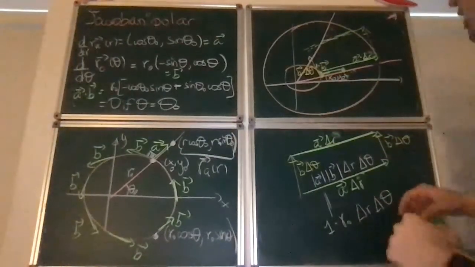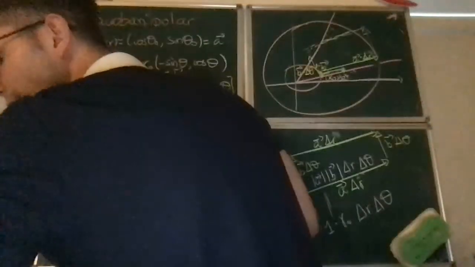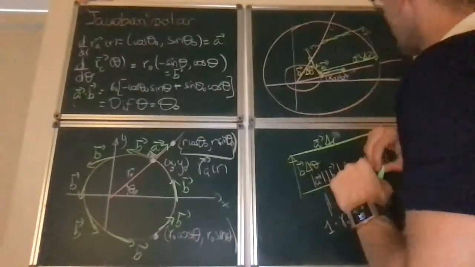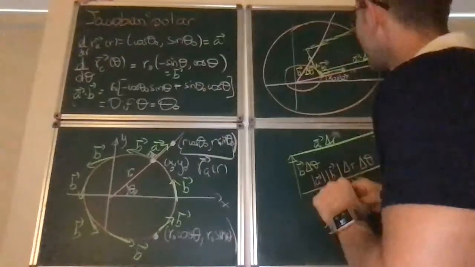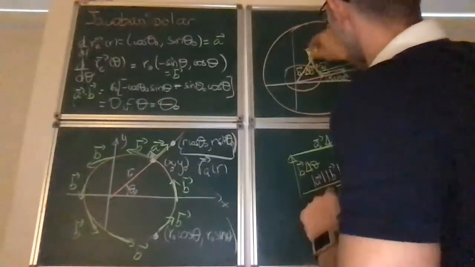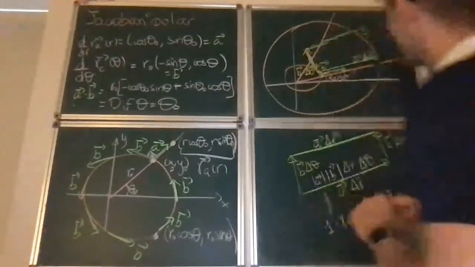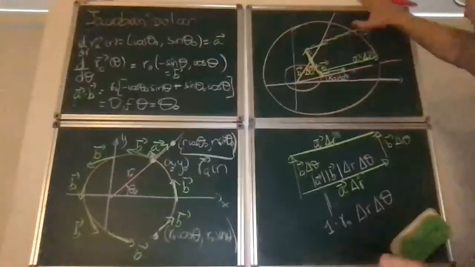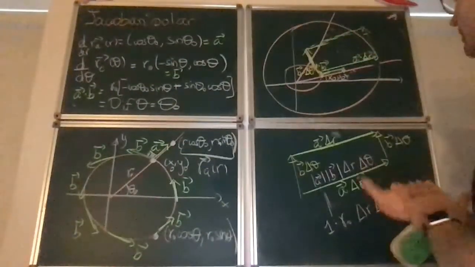And then the argument is that whenever you make these delta r and delta theta smaller and smaller, there's not that much of a difference between the area of the rectangle and the area of the circular sector that we were trying to compute.